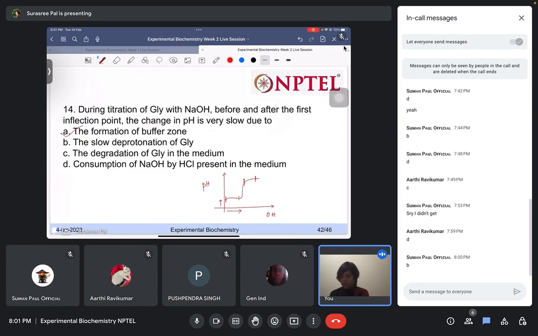Not this one, I'm very sorry. This one is where the change in pH is occurring very fast. But this particular zone, this is the buffer zone. When you are keeping on adding alkali, you can see that in the y-axis there is less change. So this is the buffer zone in the graph of titration.